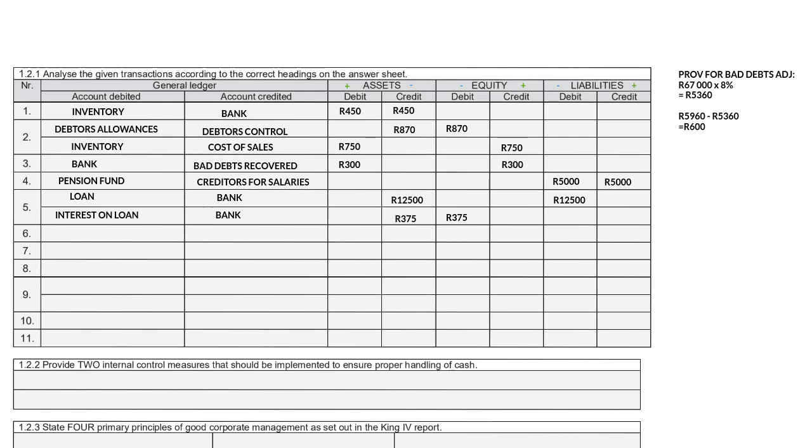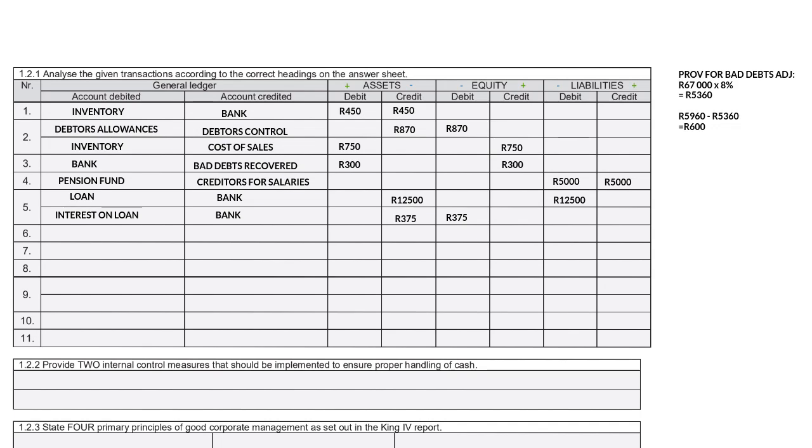The amount given is 67,000 Rand that's outstanding, and it must be adjusted to 8%. That gives an answer of 5,360 Rand. But we have provided a balance of 5,960. So the difference between 5,960 and 5,360 is 600 Rand. We need to adjust that provision.